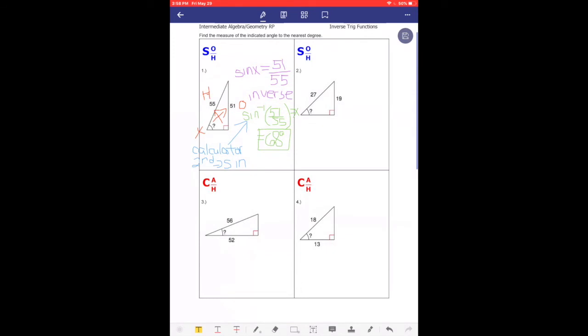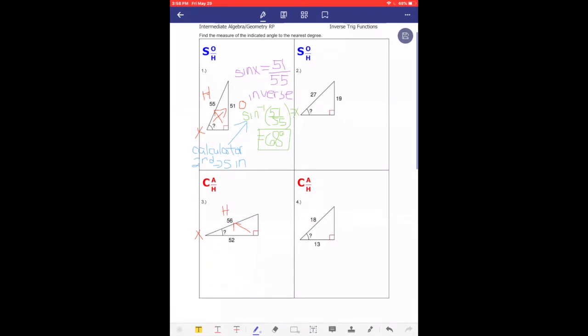Number 3, we're using the cosine function. I'm going to start by labeling my angle as x. I can label this 56 as the hypotenuse because it's across from the 90-degree angle.